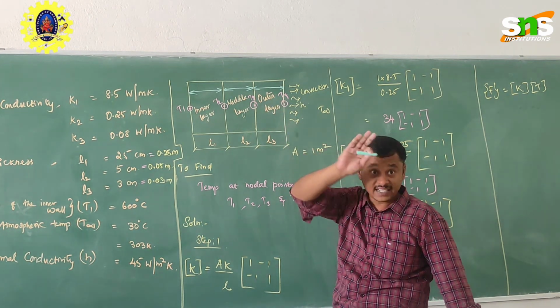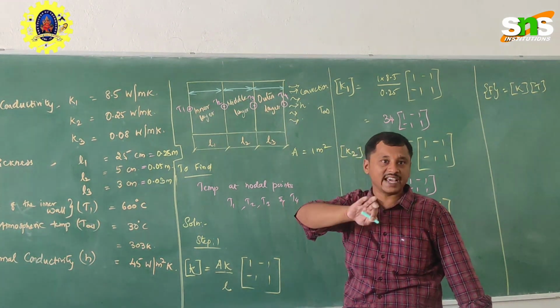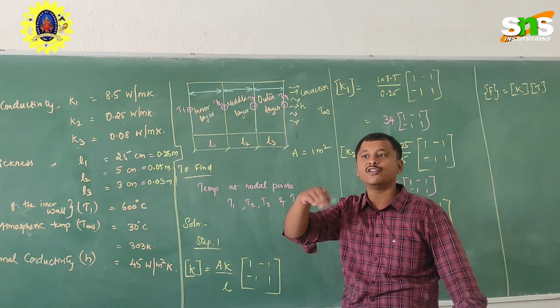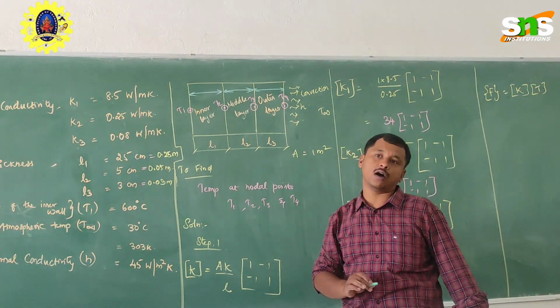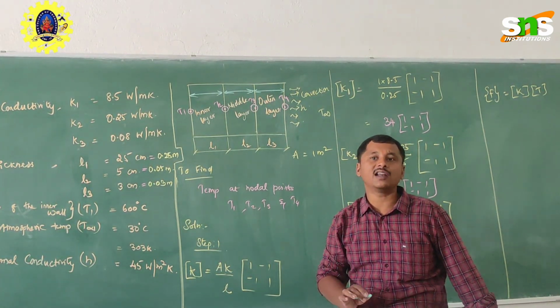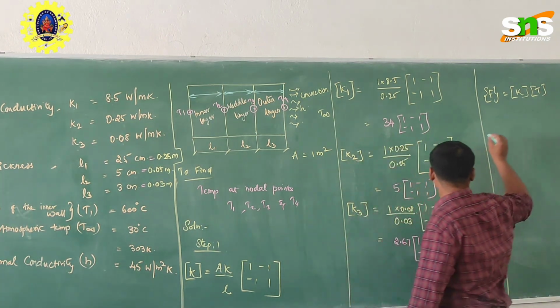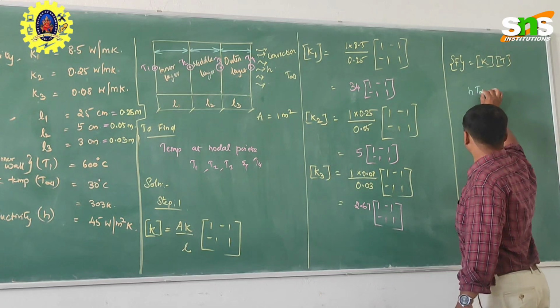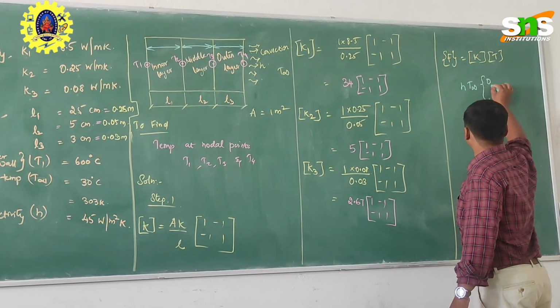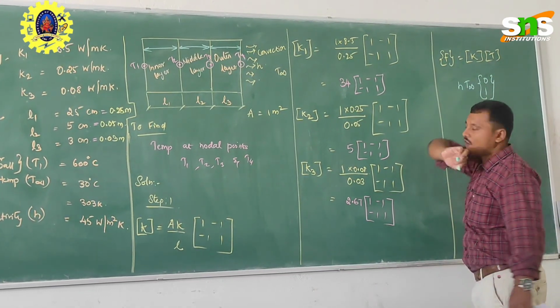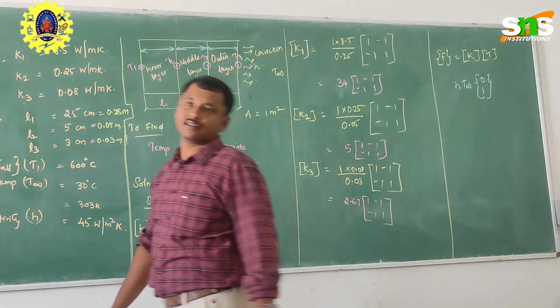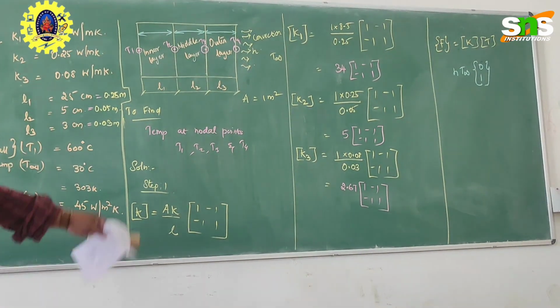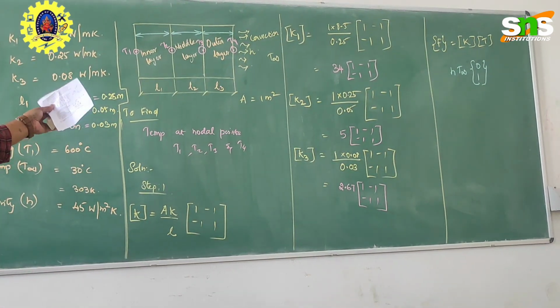In such a case, you have to use the convection formula, which is h into (T infinity minus T). This is the formula for convection. We will see how it is applied in step number 2.